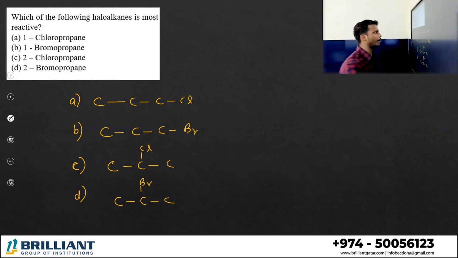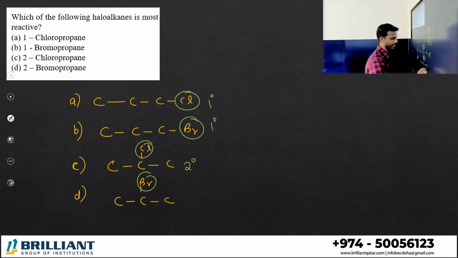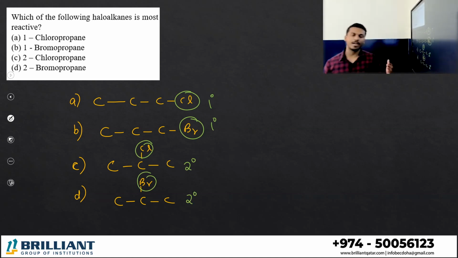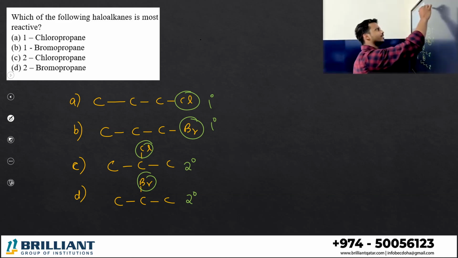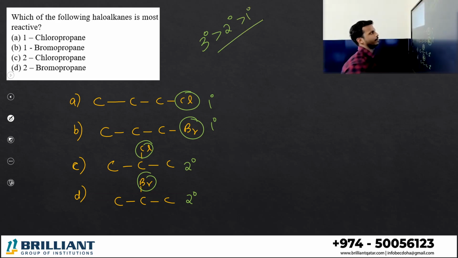Let us check it. This is primary, this is primary, this is secondary, this is also secondary. When you consider primary, secondary, tertiary and they didn't specify anything, mostly they prefer the SN1 mechanism. SN1 order is tertiary greater than secondary greater than primary.